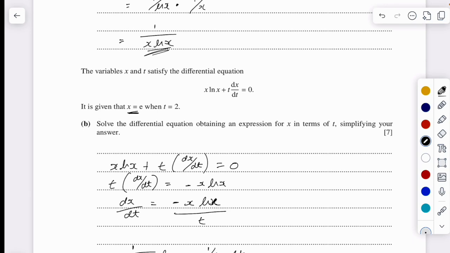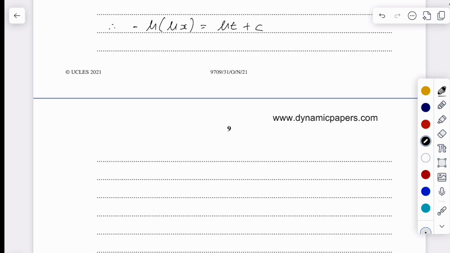It's given that x equals e when t equals 2. So now x equals e when t is equal to 2. Therefore, negative ln e is going to equal ln 2 plus c.